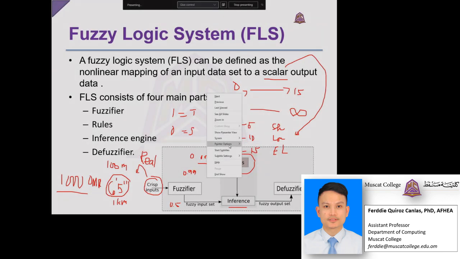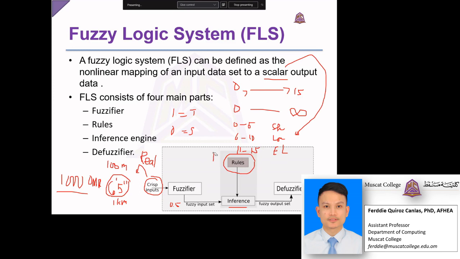In short, the output of the falsifier is a value between 0 and 1. You have to remember that.